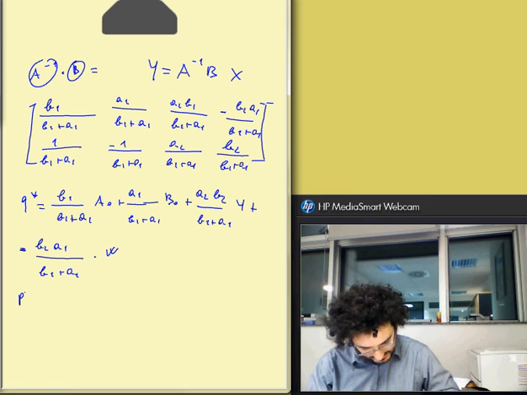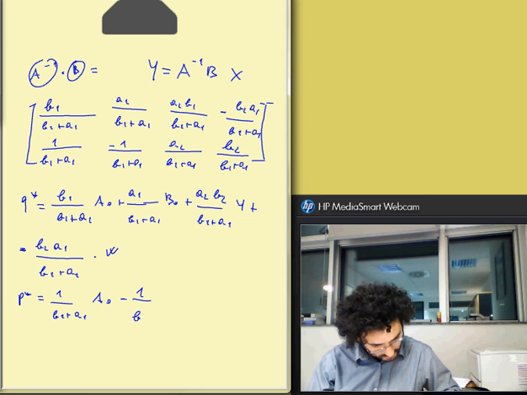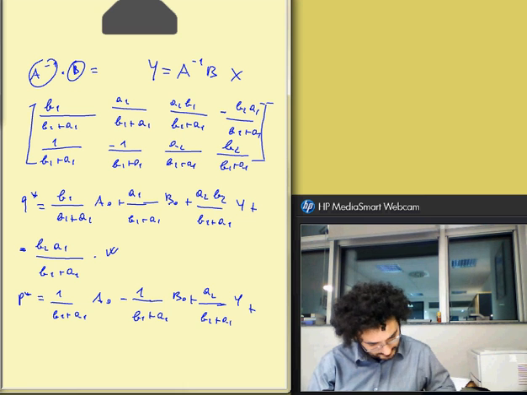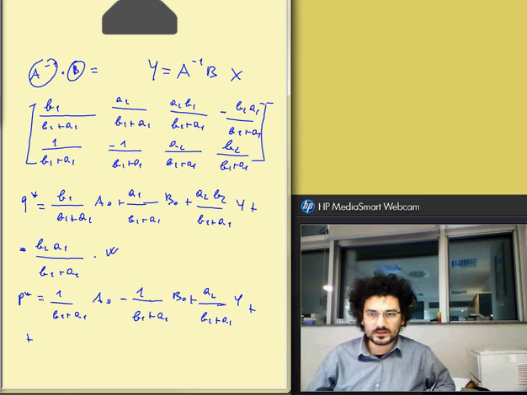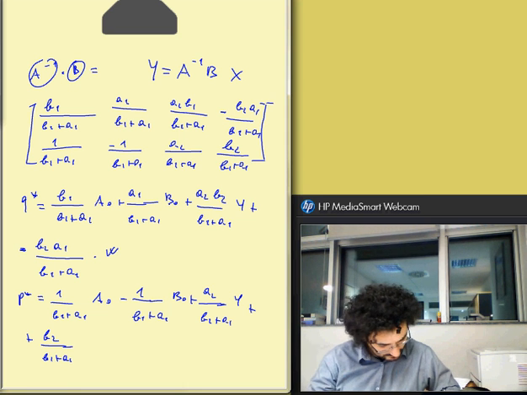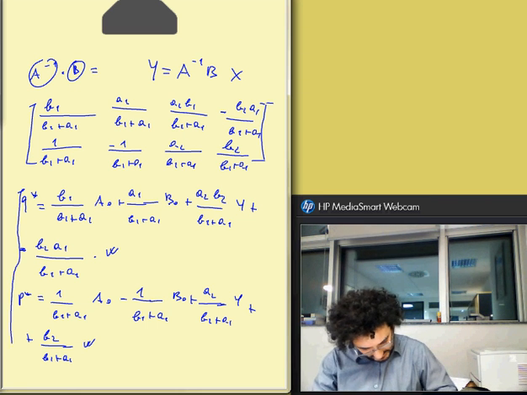Then we have P star, which will be equal to 1 over B1 plus A1 A0 minus 1 over B1 plus A1 B0 plus A2 over B1 plus A1 Y, and finally plus B2 over B1 plus A1 for the last exogenous variable.